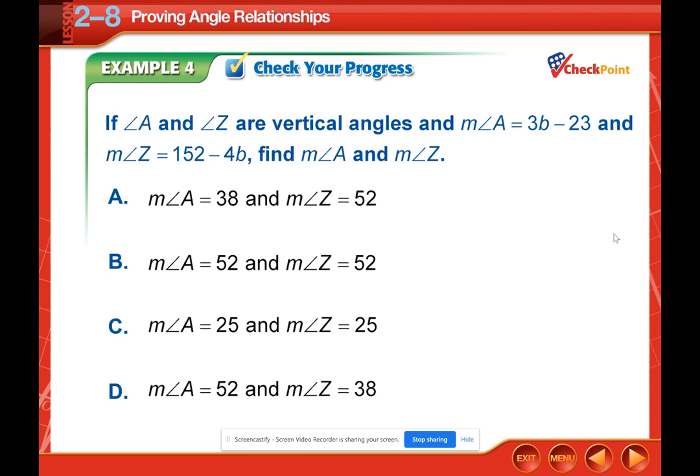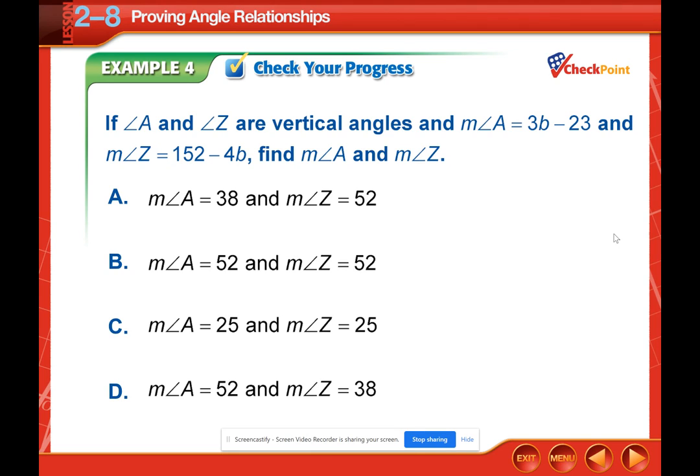If angle A and angle Z are vertical angles, and the measure of angle A is equal to 3b minus 23, and the measure of angle Z is 152 subtract 4b, we can use that same method as we just used to find the measure of angle A and angle Z. Vertical angles are congruent to one another.